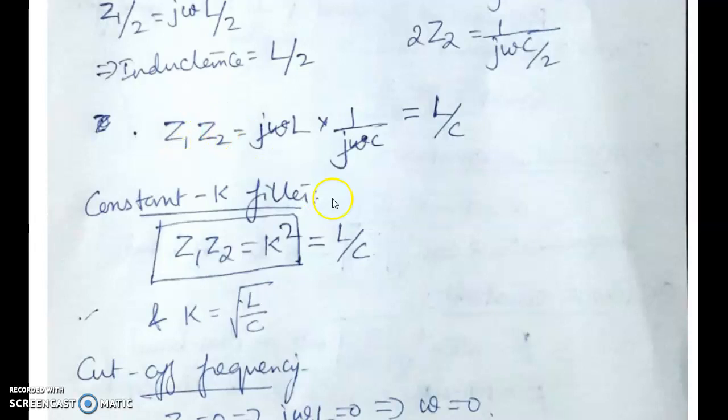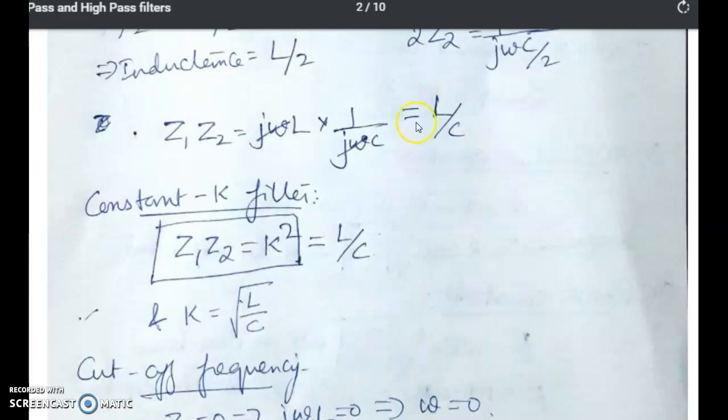In that case also, Z1 Z2 will be the ratio of L upon C. Because it is constant, we say that it is a constant K filter. So Z1 Z2 is equal to K square. This is the condition of the constant K filter, which is equal to L by C. So first condition, we get that K is equal to root of L upon C.